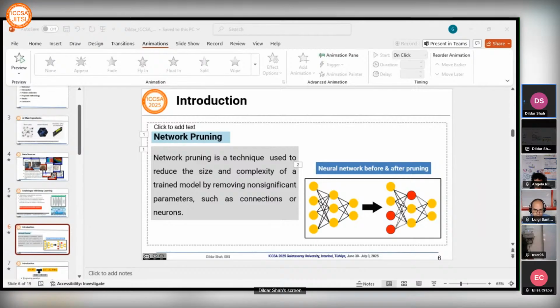Now, these are some results based on this variance-based pruning method. The left side shows the original baseline ResNet 50 on CIFAR 10, and the right plot shows the ResNet 50 with pruning.